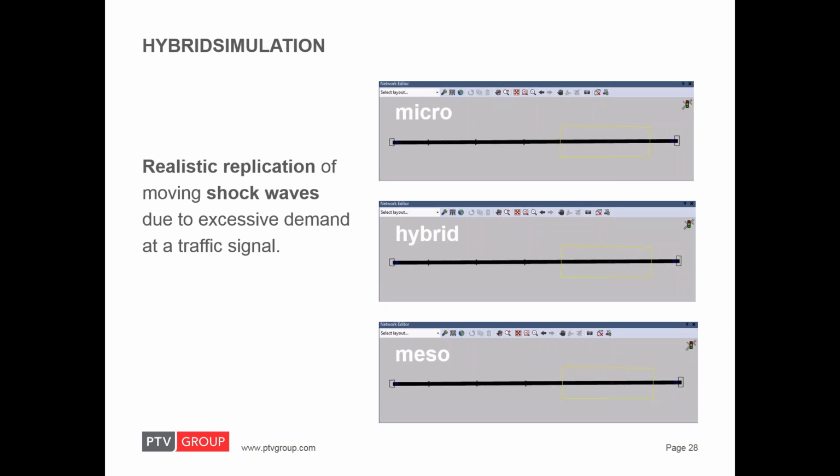The color represents density, and the darker the density is, the more the queue moves in the upstream direction. Over the course of the simulation, you will see that the queue extends in all models to the beginning of the network.